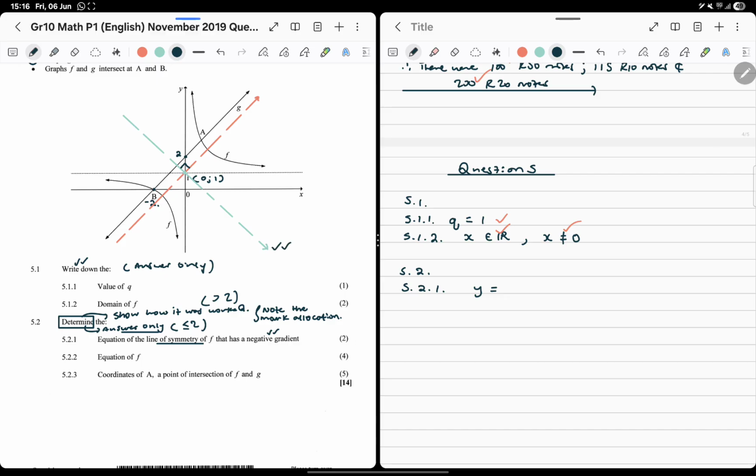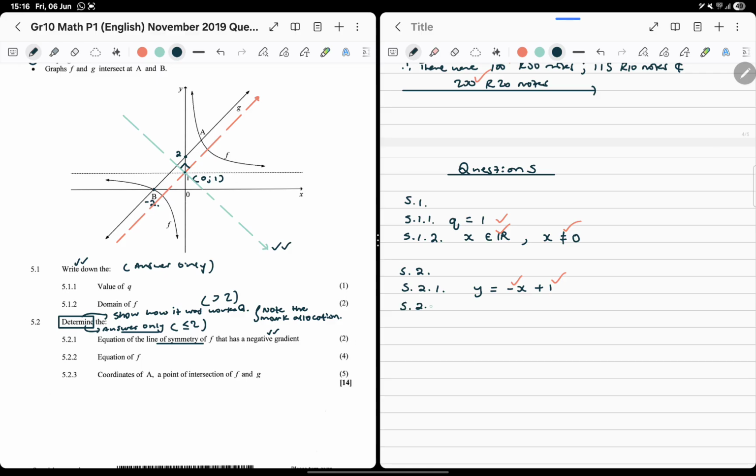So this is the one we are looking for. And of course, we know the gradient is -1 and it passes through 1 on the y-axis. So this is minus x plus 1. Very easy. As you can see, knowing the gradient and the y-intercept is what matters.